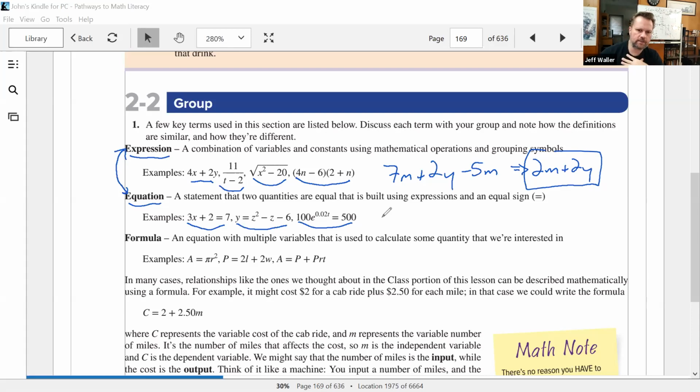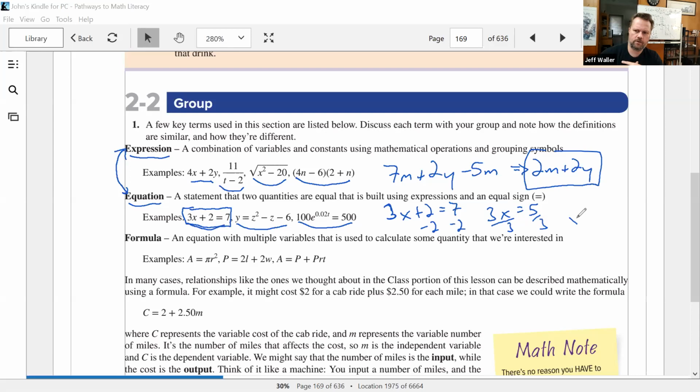Here, this equation, we probably could do, right? Does somebody know how to solve this equation? Have you guys seen that before? Subtract 2 from both sides, then divide by 3.